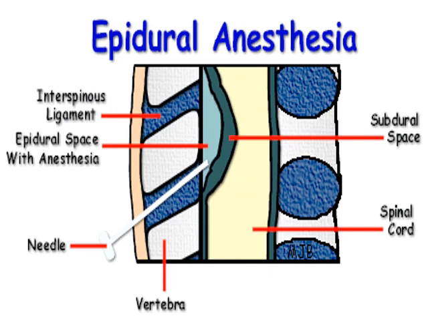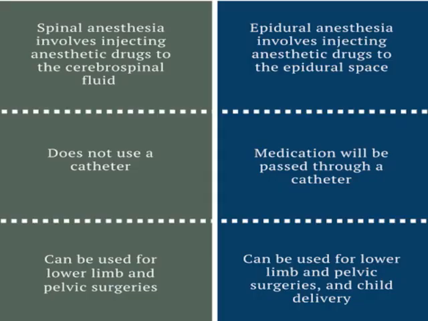Epidural anesthesia. As we said before, in epidural anesthesia we inject the local anesthetic drug in the epidural space, not in the subarachnoid space. To remember epidural anesthesia, I will compare it with spinal anesthesia. In spinal anesthesia, we inject the local anesthetic drug in the CSF.